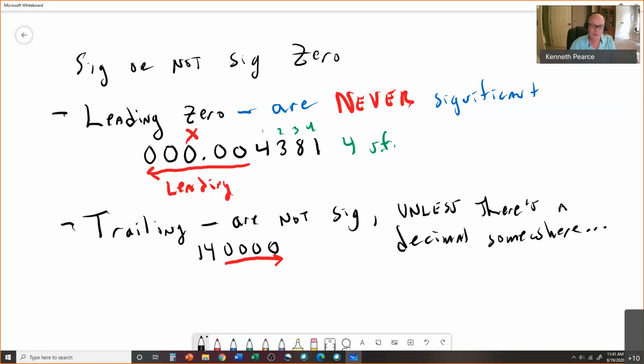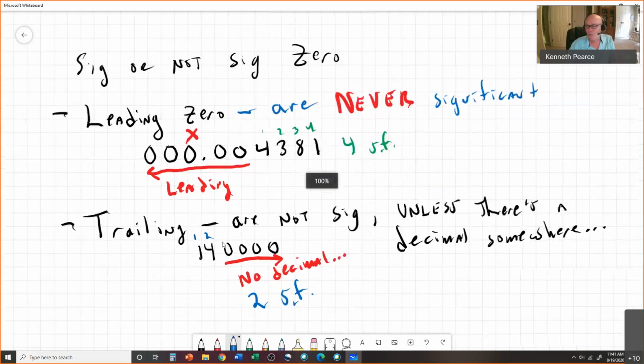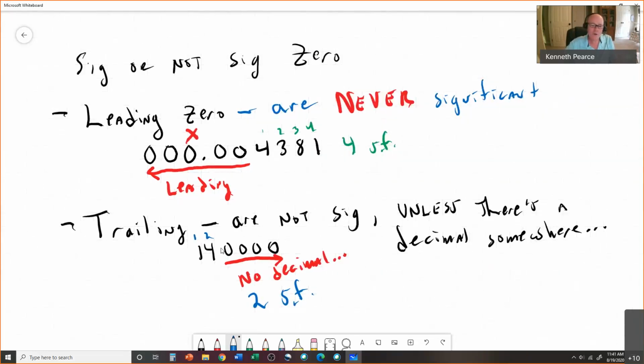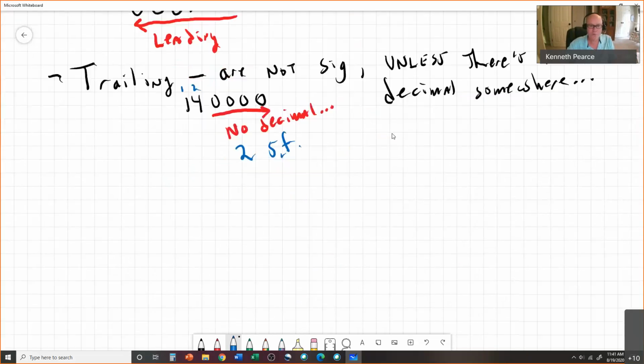Now we look at this and I see no decimal. So this one is no decimal anywhere to be found. And so therefore, this has 1, 2, 2SF. Okay. So that has 2SF. So those zeros are placeholders. Okay, so let me go ahead and move this up just a little bit.